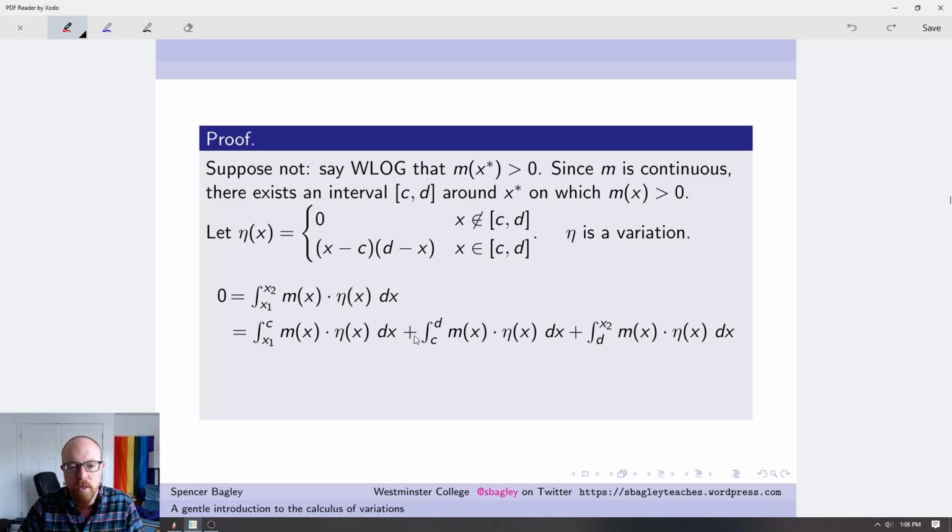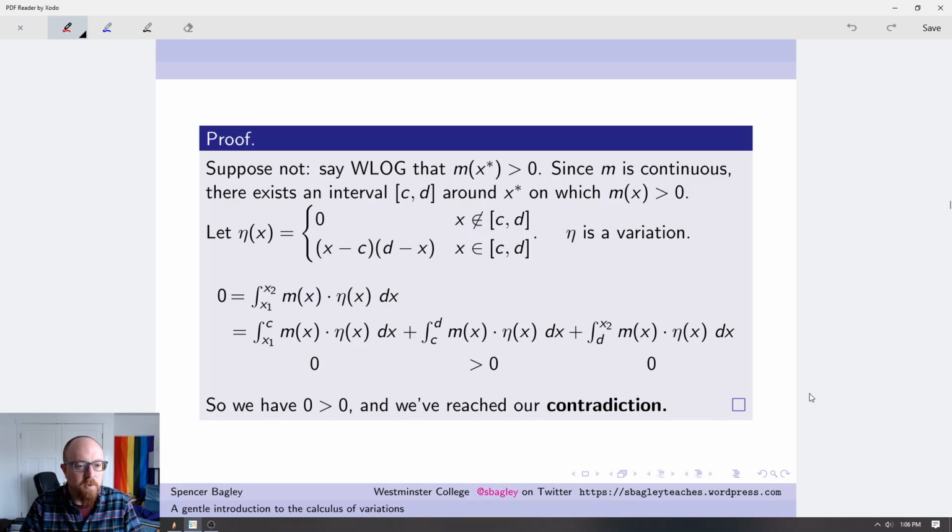And so these two integrals will die. And then what's more, on this one, eta of x is positive because it's the upward parabola by our choice. And m of x is also positive on that interval. So I got a positive thing times a positive thing. If I integrate that, I'm going to get something positive. There's my contradiction. 0 is greater than 0.